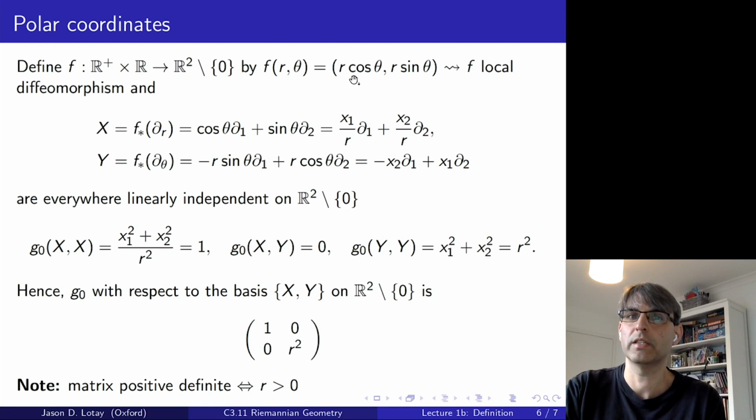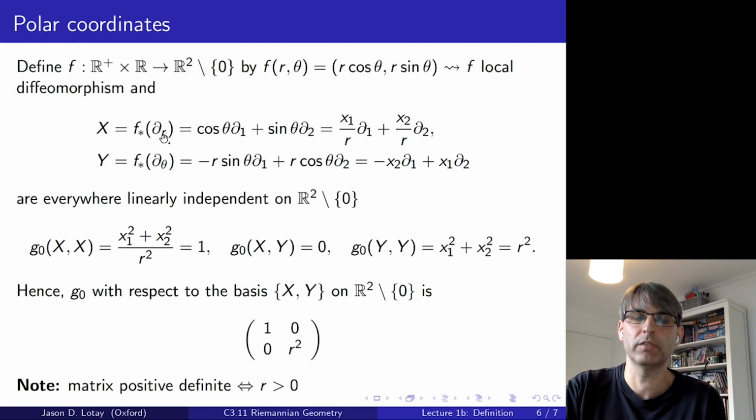F of (r, theta) is (r cos theta, r sin theta). Now we know that F is a local diffeomorphism, and so that means that we can push forward the standard vector fields on R^+ and R. Let's call those partial r and partial theta, and then let's call those push forwards X and Y for simplicity.